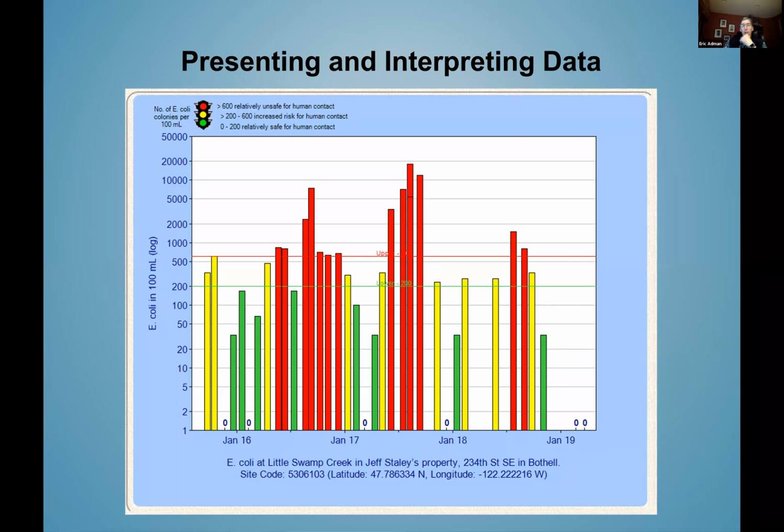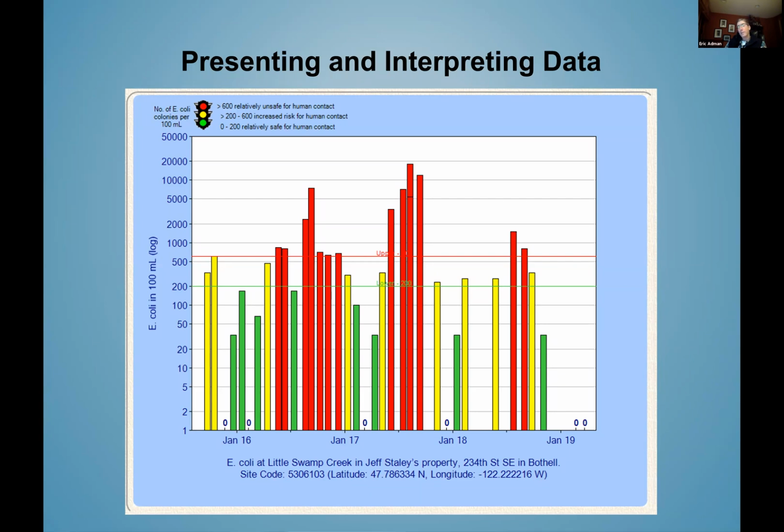Again, you can use a graph, and this is an example of one of the graphs available within the Global Waterwatch system. Assuming you're collecting your data and entering it into Global Waterwatch's system, you can look at any of the sites that you're monitoring and see graphs of your bacteria numbers, color coded.